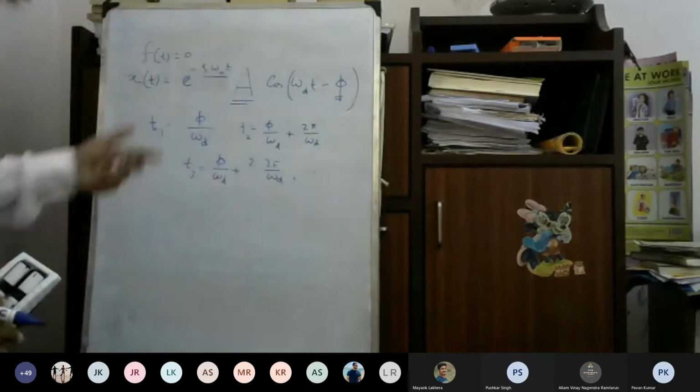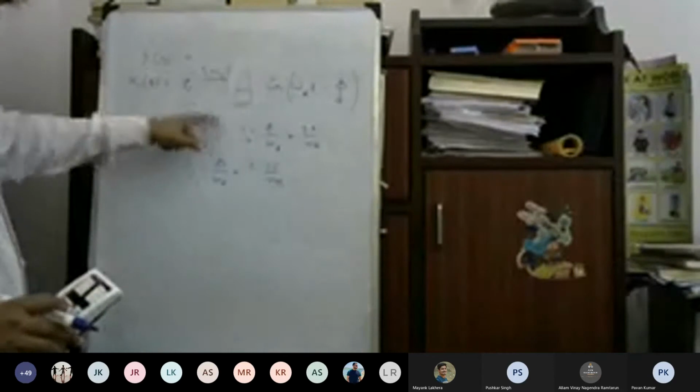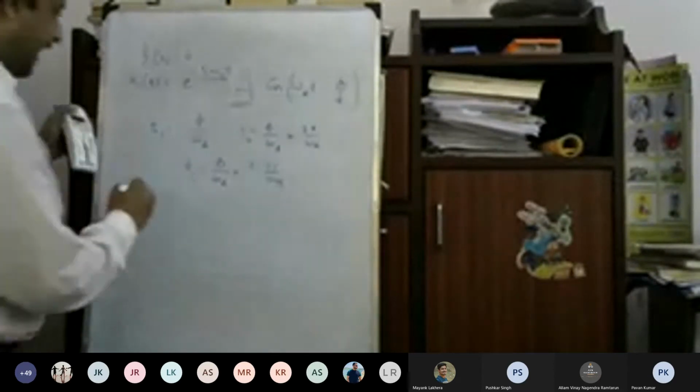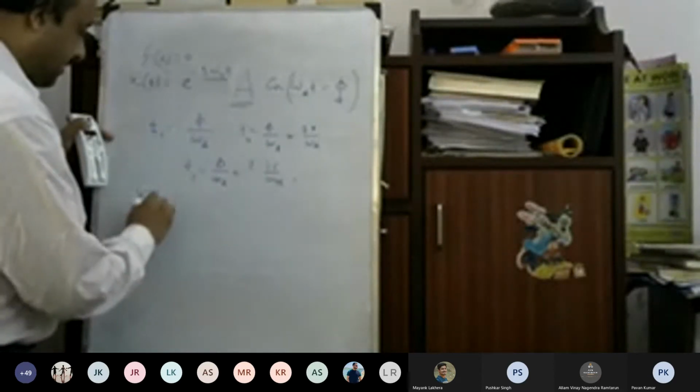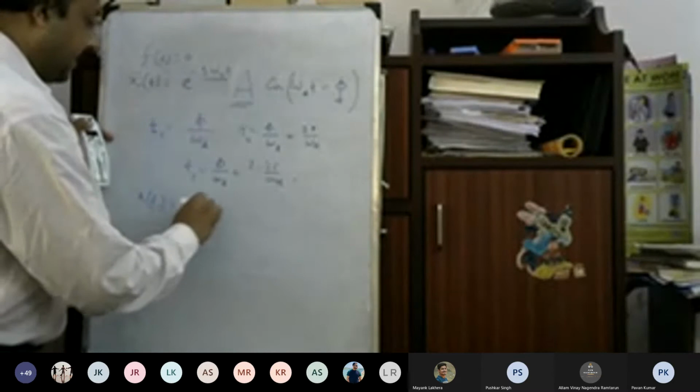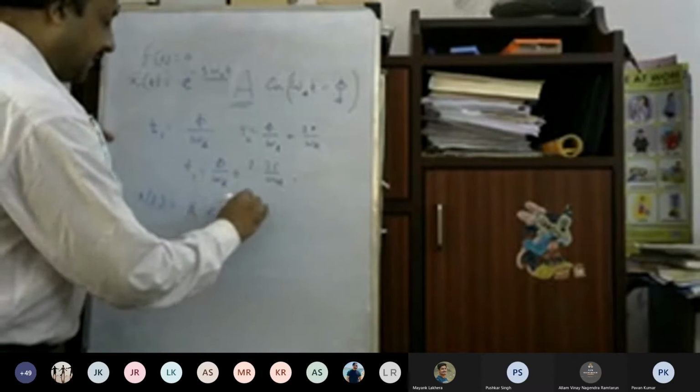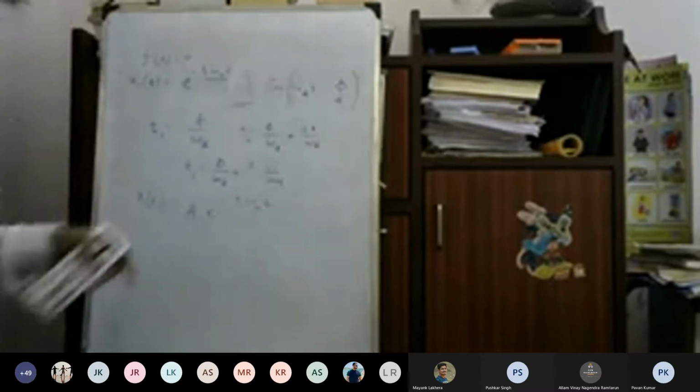So let us consider the response at different time instants. And what is so special about these times? Because at time t1, x(t1) will be A e to the power minus zeta omega n t1.